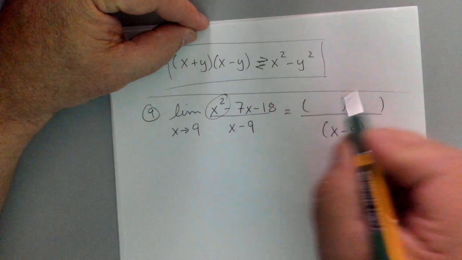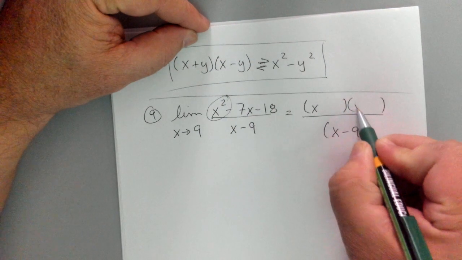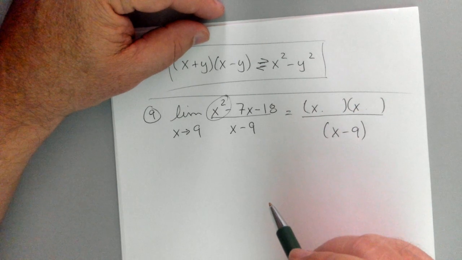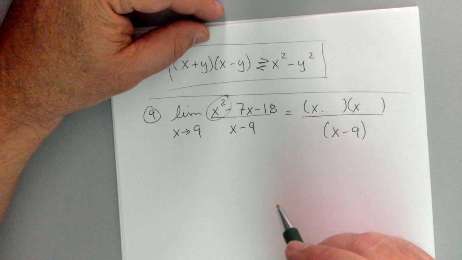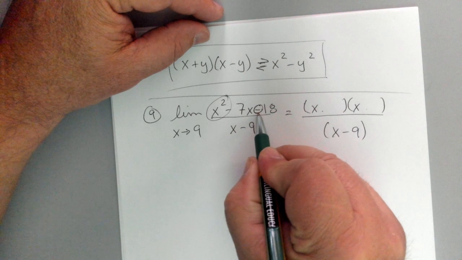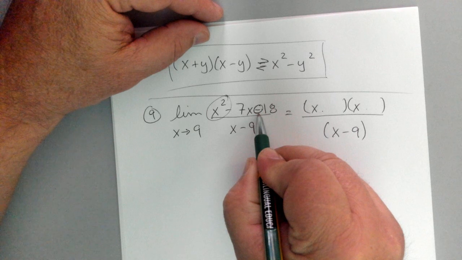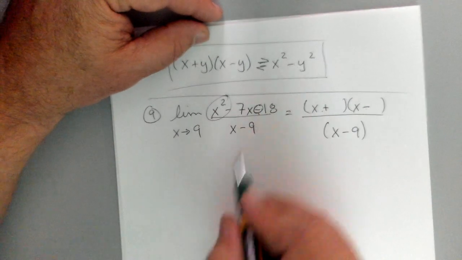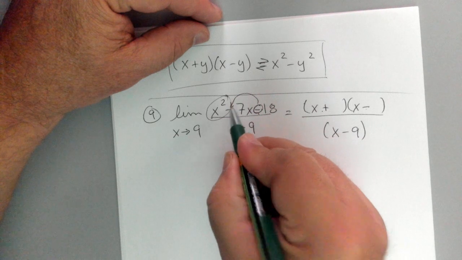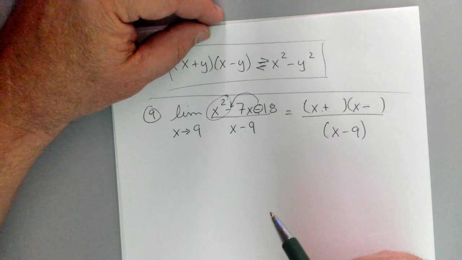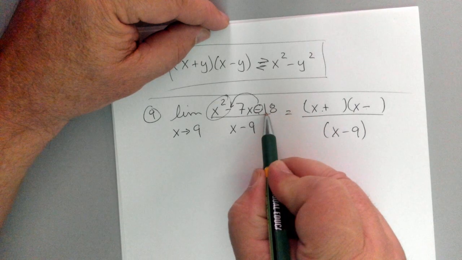So what makes up x squared? Signs go in the middle. Look at the second sign. Since it's a minus, they have to be opposite signs. One's plus, one's minus. The bigger factor gets the minus. What times what is 18?